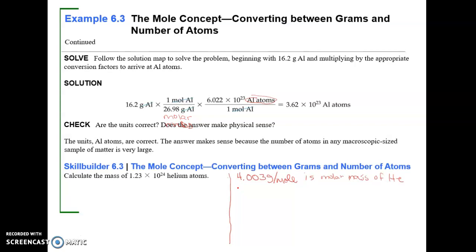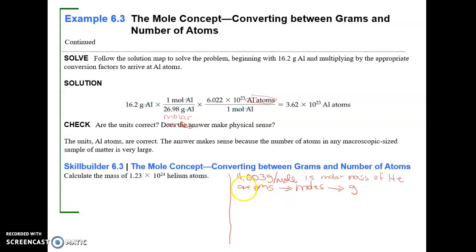Okay, so this one starts us in atoms, and it wants us to get to grams. Well, I know that I first have to go from atoms to moles, and then using the molar mass, then I can get to grams.